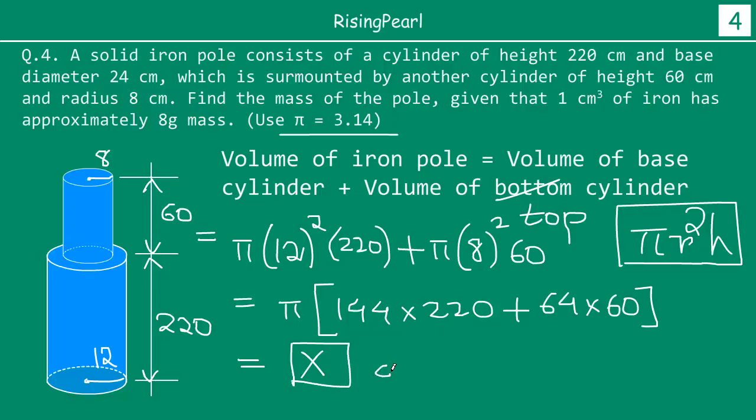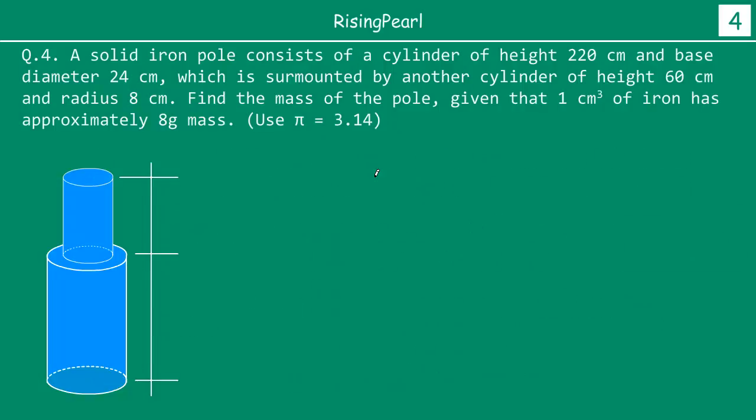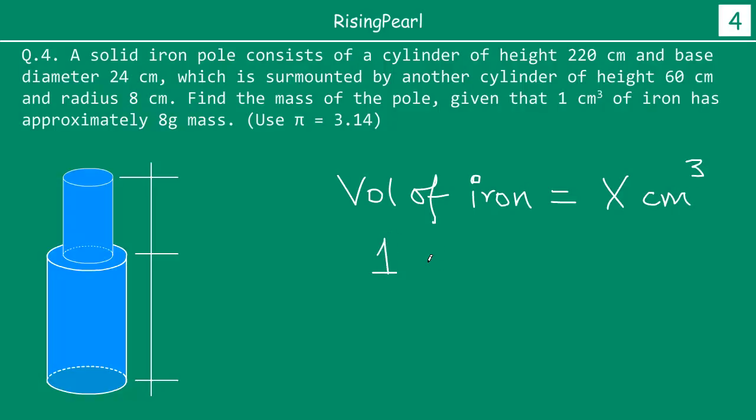So you will get x centimeter cube, and that is what we have been discussing, that once you get the volume of iron in this solid, if that is x centimeter cube, we know that 1 centimeter cube of iron weighs 8 gram.